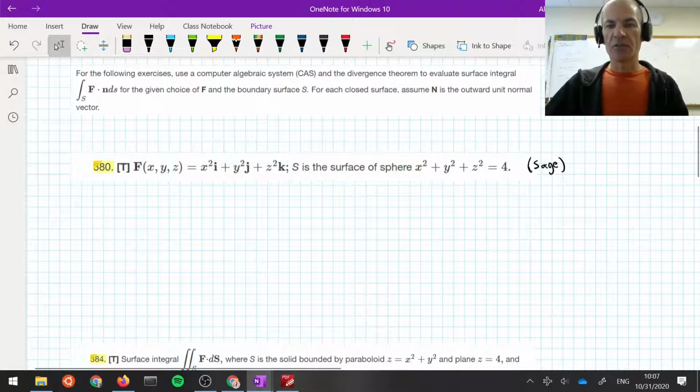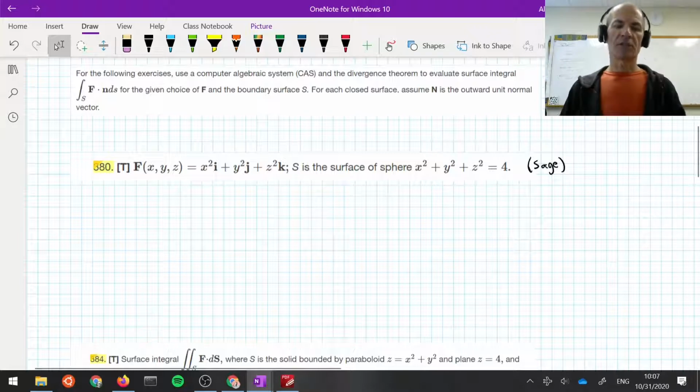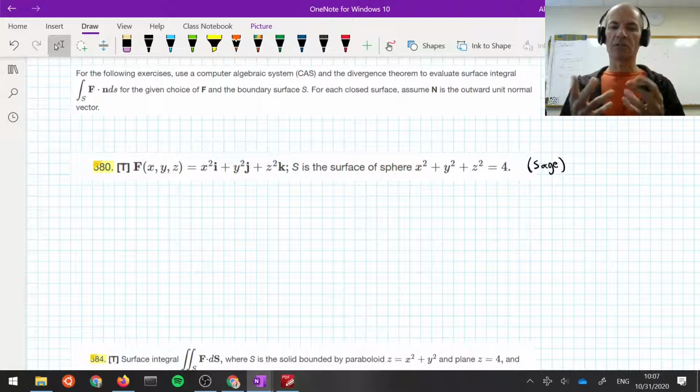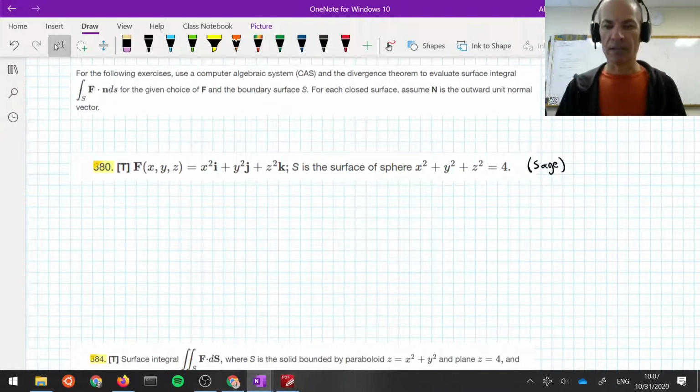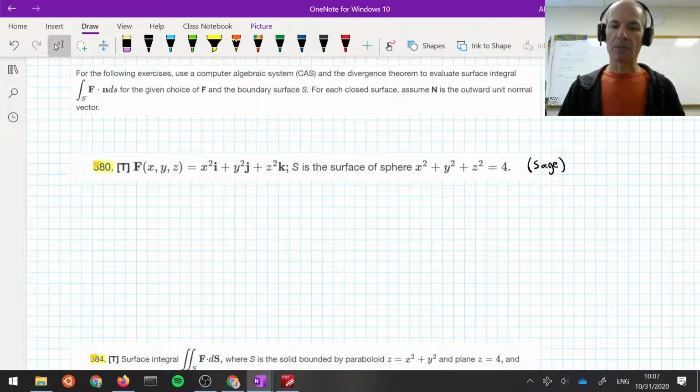For each, assume that n is the outward unit normal. I didn't emphasize this much in the section, but the divergence theorem involves a surface integral, and the assumption is that that normal vector of the surface integral is outward pointing.